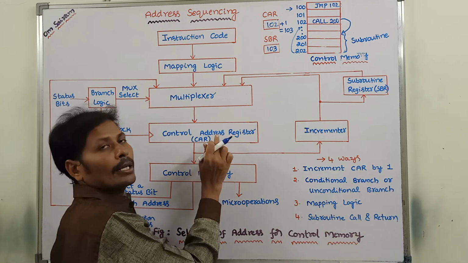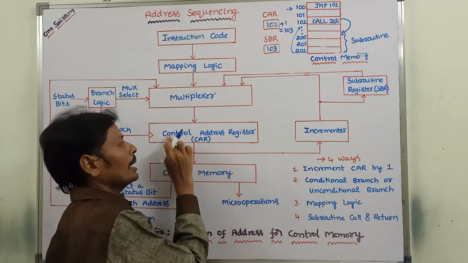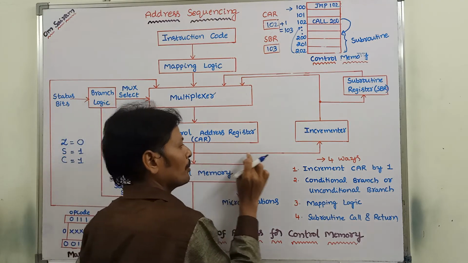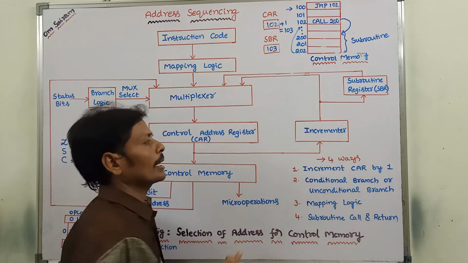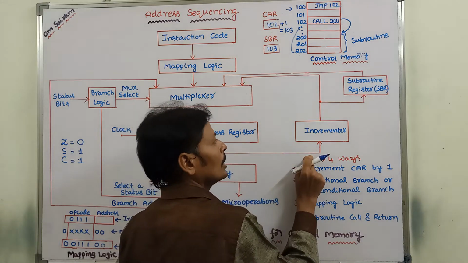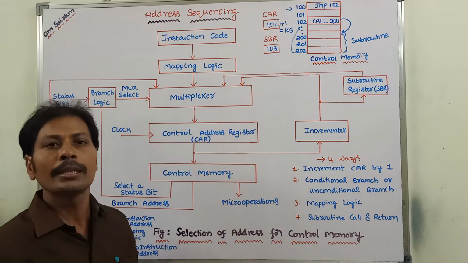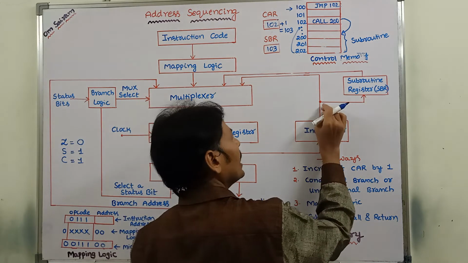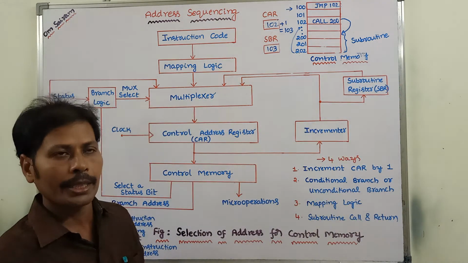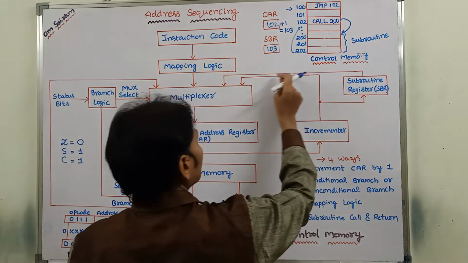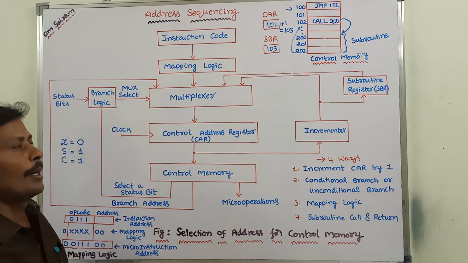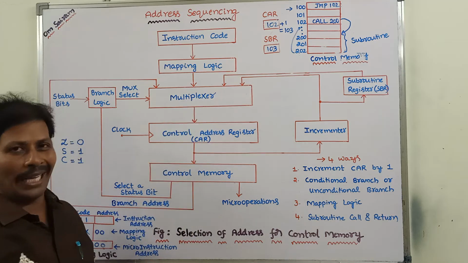That return address is nothing but the content of the control address register plus 1. For that purpose, we send the content of the control address register, 102, incremented by 1, that is 103. This 103 is stored in the subroutine register. This address is loaded into the control address register by using the multiplexer.